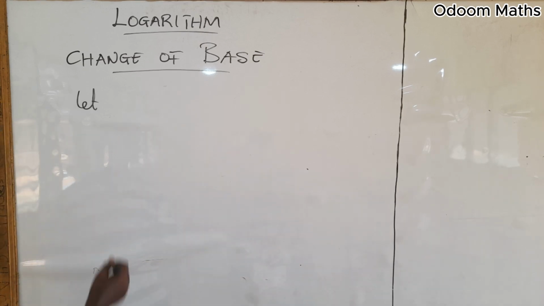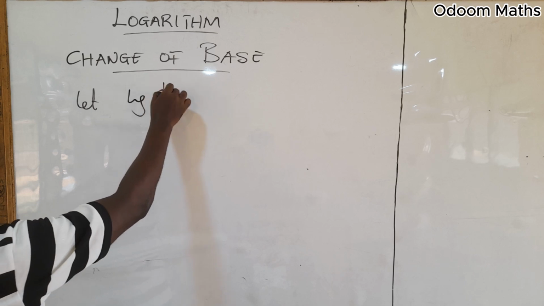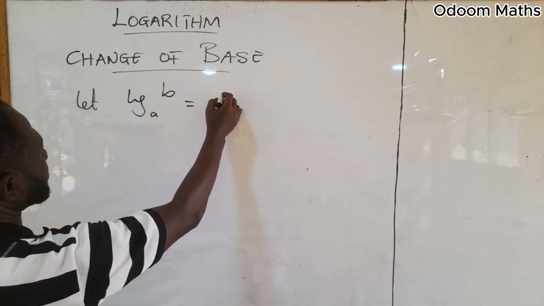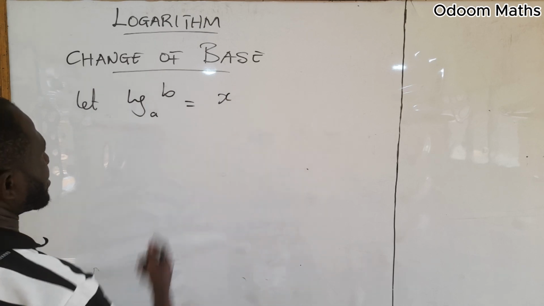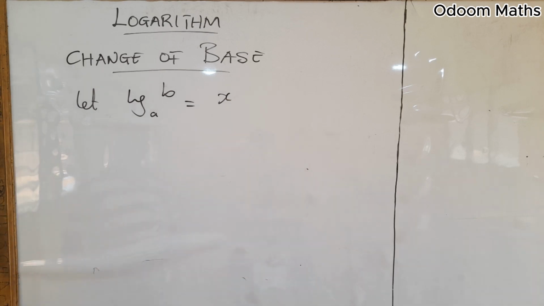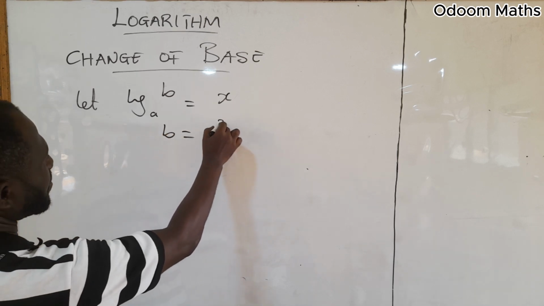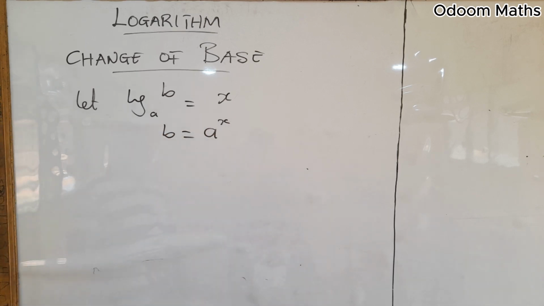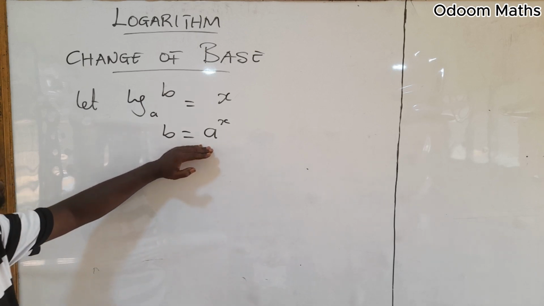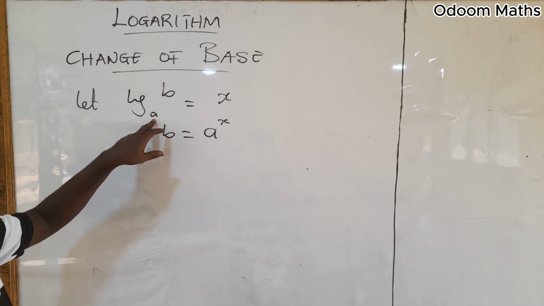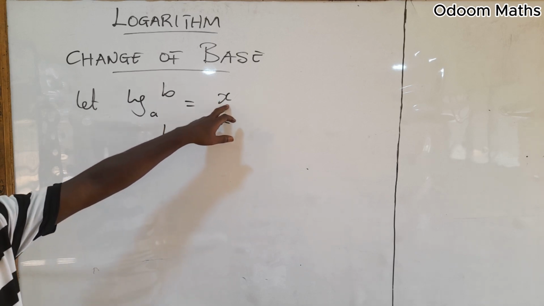Now let log B base A be equal to a certain variable x. So we can say that B is equal to A to the power x. We are just changing this to indices, so this becomes the base here and this becomes the exponent.